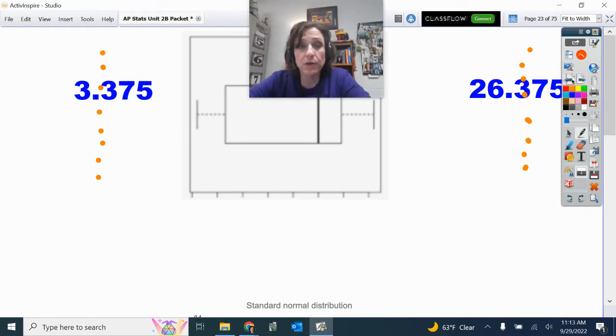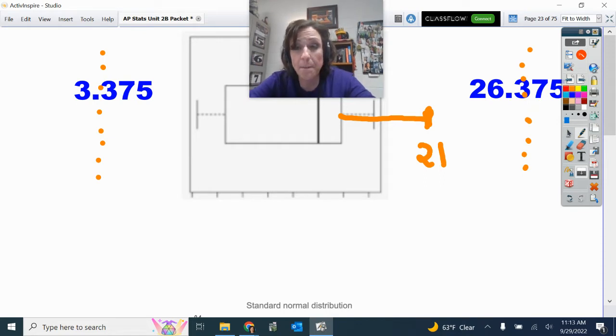The max for the females was 21. I don't know exactly where this is, but I do know that that is within the fence. So my whisker can go all the way out there, and it is not an outlier. I do not have an upper outlier because it is not past the upper fence.